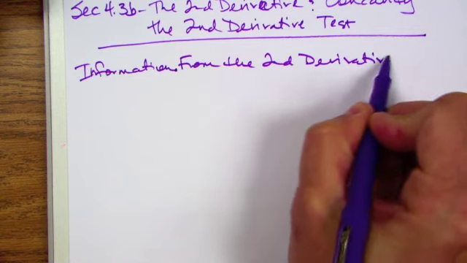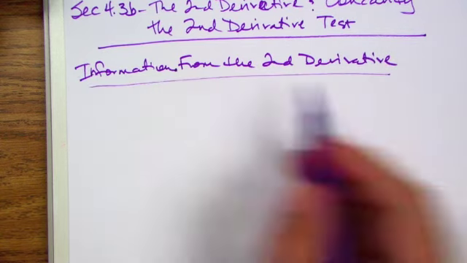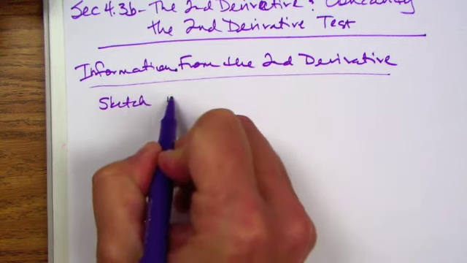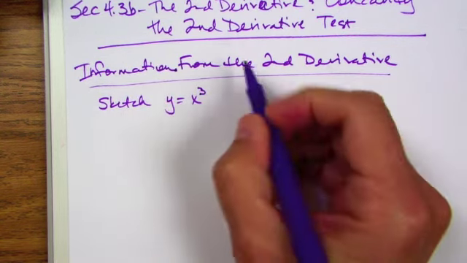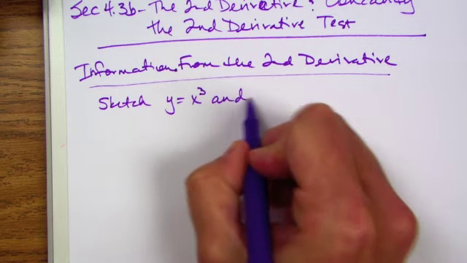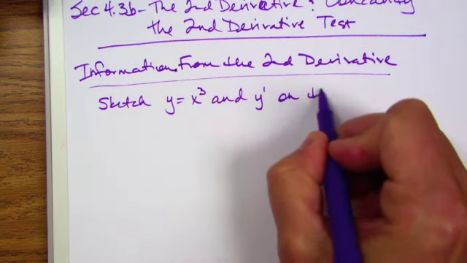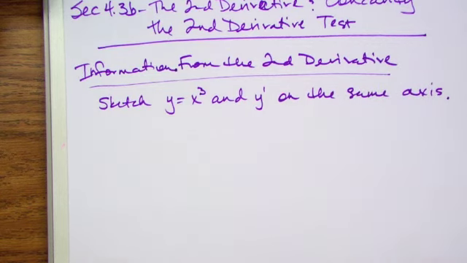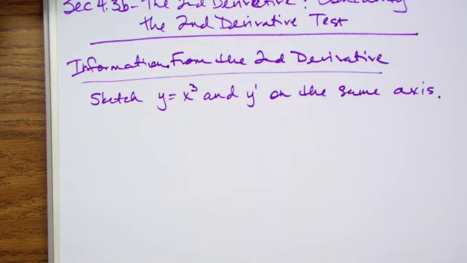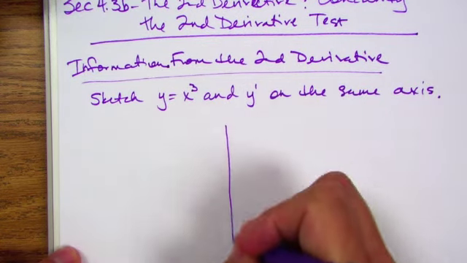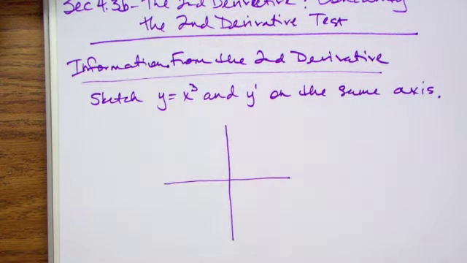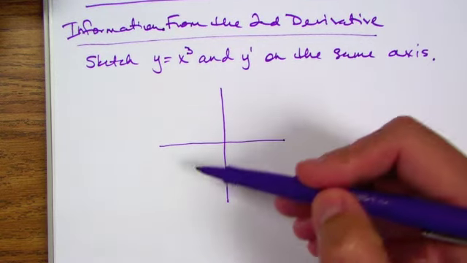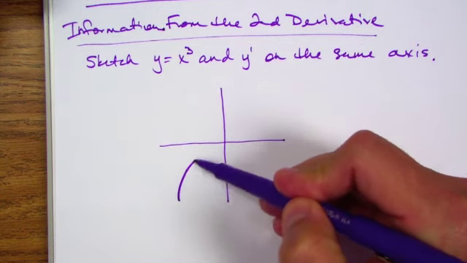Information from the second derivative. Let's sketch y equals x cubed and y prime on the same axis. Y equals x cubed is just the cubic function, right?